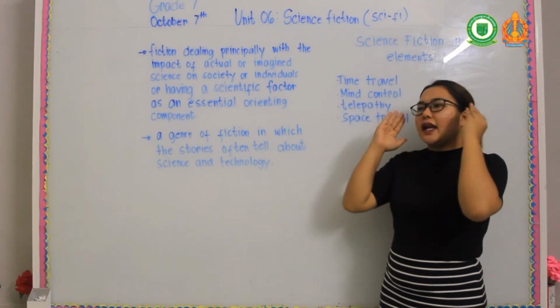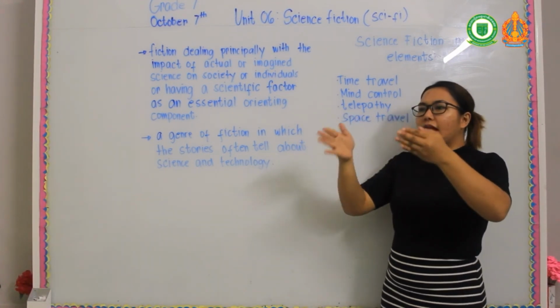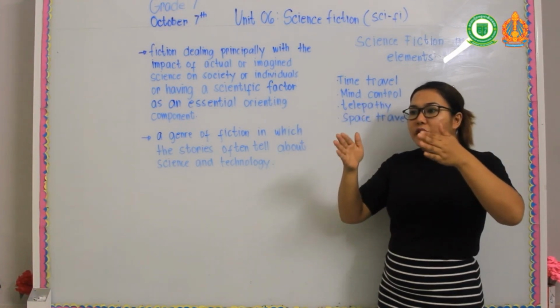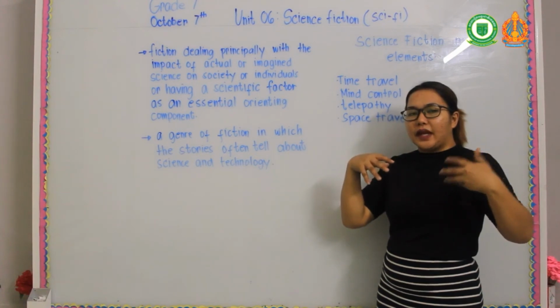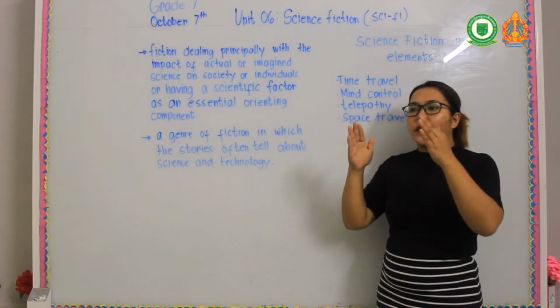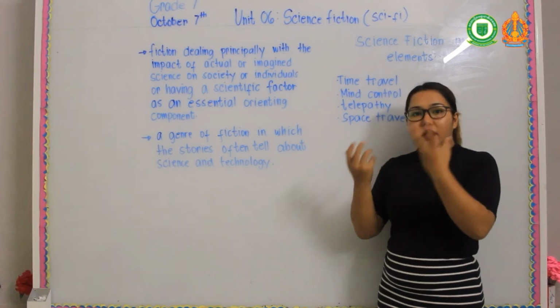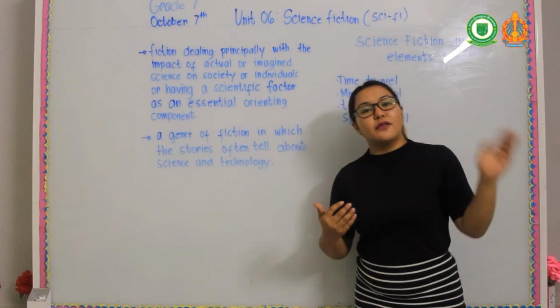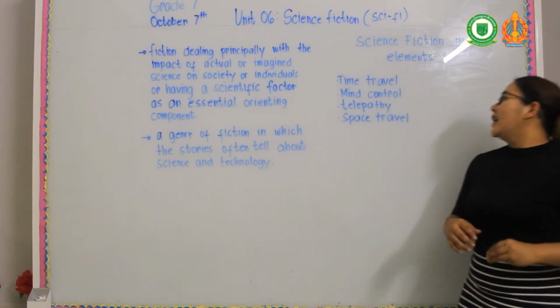Mind control means I just stare at someone and I'm trying to tell that person something through my mind, and he will do it. Or I'm trying to control what he thinks, what he would say, what he would do. Mind control, based on the word itself, is very easy to understand.